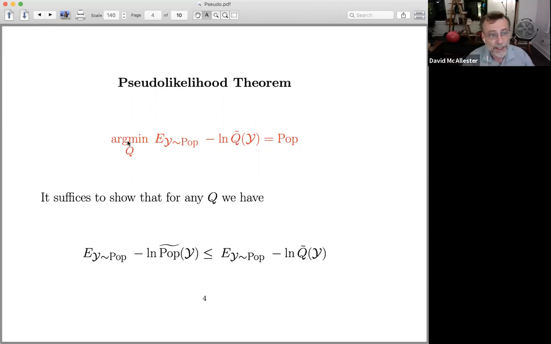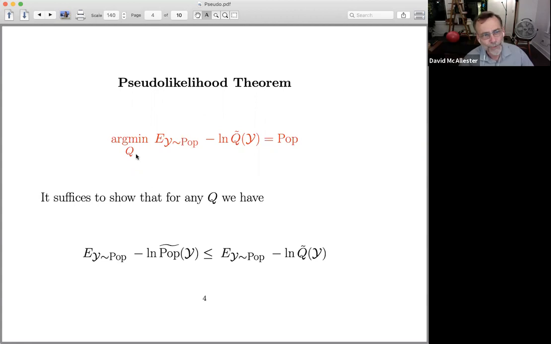And the claim is that that argmin over all distributions is equal to the population distribution or whatever distribution we're sampling from. Could be the training distribution, but I'll work with the population distribution here.